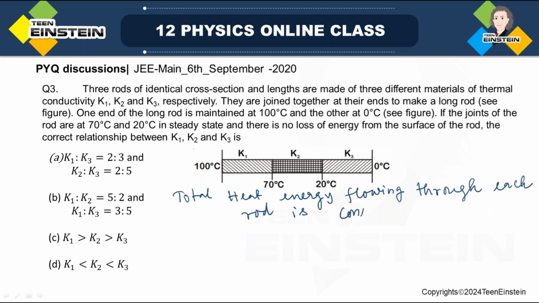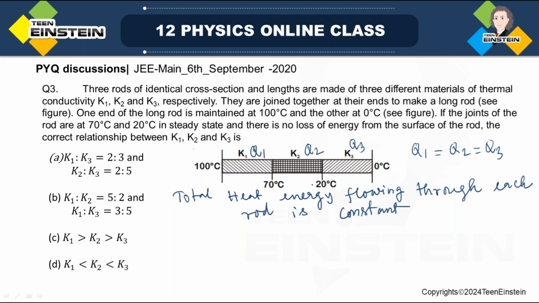This is actually the idea, or the concept, here. If I say Q1 is flowing through this, Q2 is flowing through this, and Q3 is flowing through this, then Q1, Q2 and Q3 are actually the same.